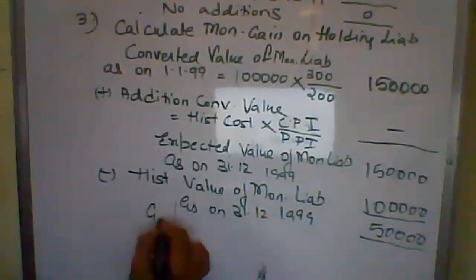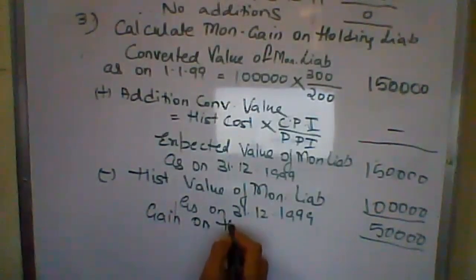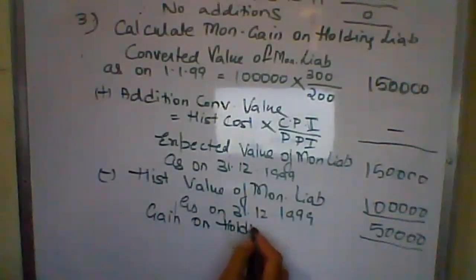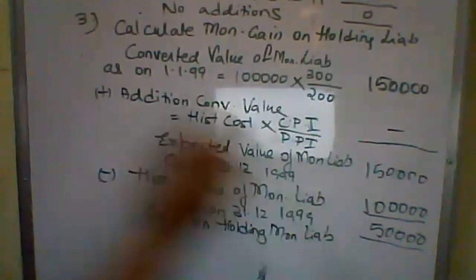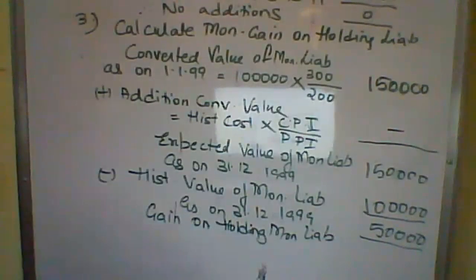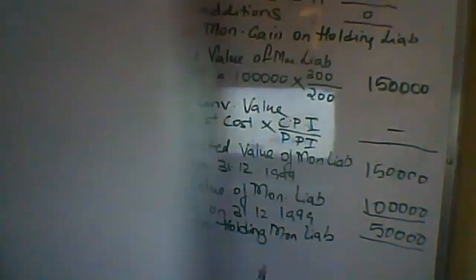Therefore, gain on holding monetary liability is 50,000. The same thing I have to do with my monetary assets. So I have to calculate how much is the loss which I have on monetary assets now.